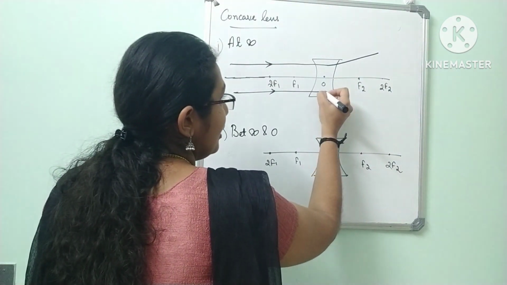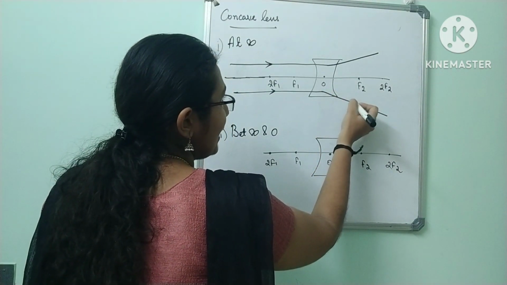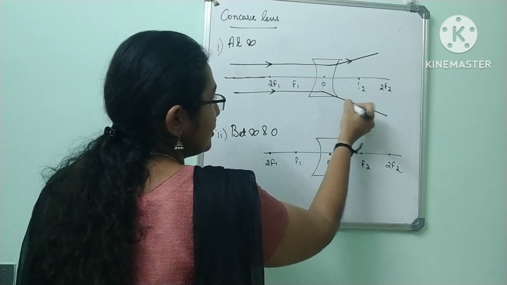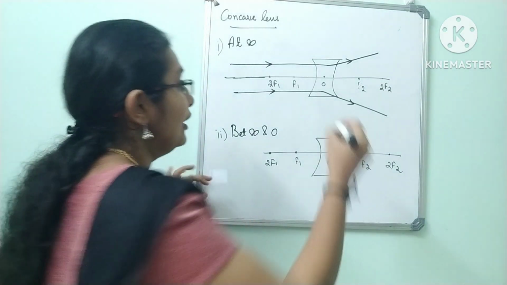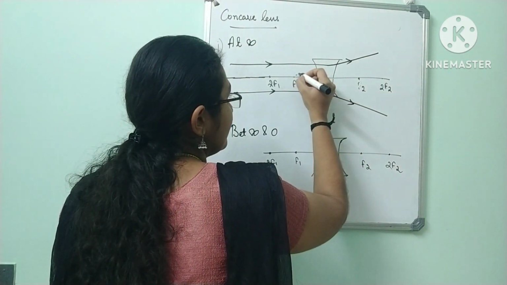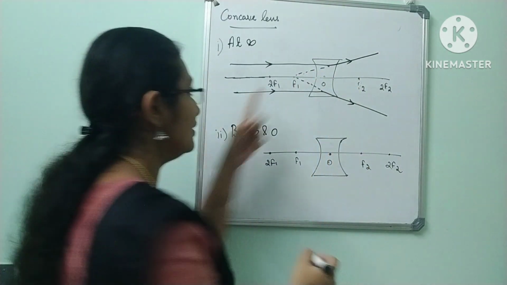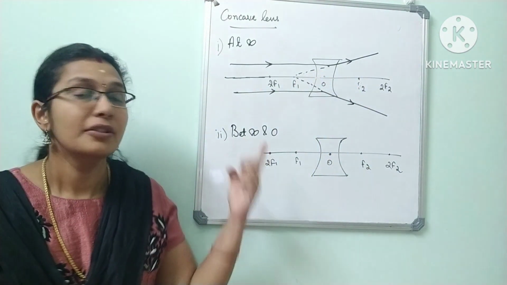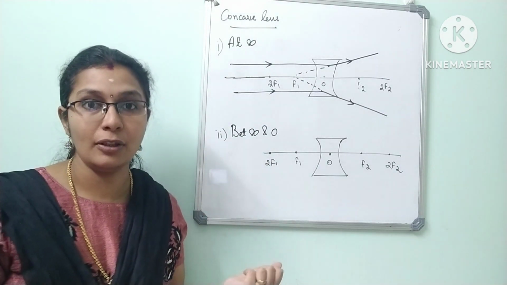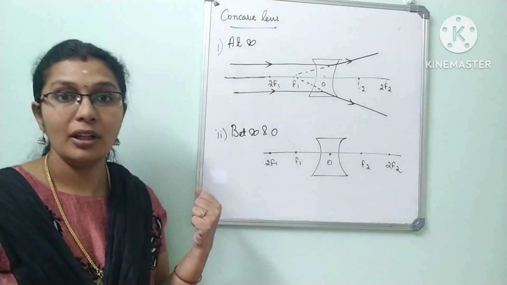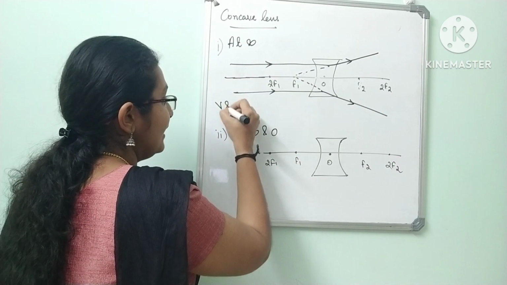So after refraction, it diverges like this. Yes or no? But when you extend this line, you can see it appears to come from this focus. Clear? So what kind of image do you always get in a concave lens? You always get a virtual and erect image.